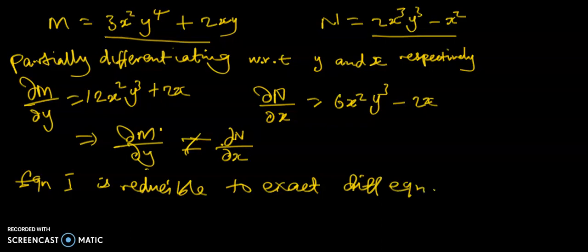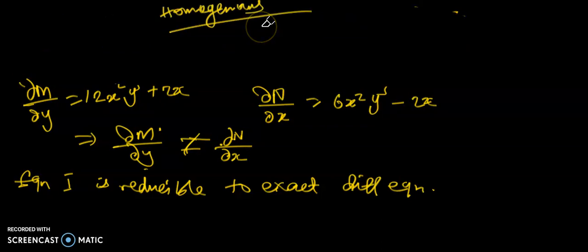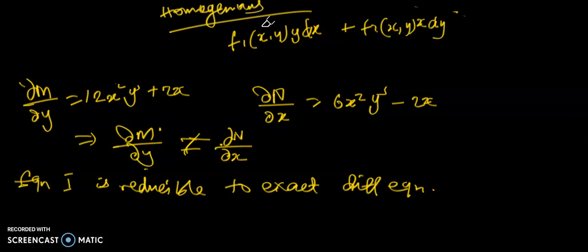So before we go into the exact differential equation, let's also test this using the homogeneous factor to know if it will work. So let's do that. Homogeneous, we know that f1 is xy into y dx plus f2 will be given by xy x dy, and all this must be equal to 0.